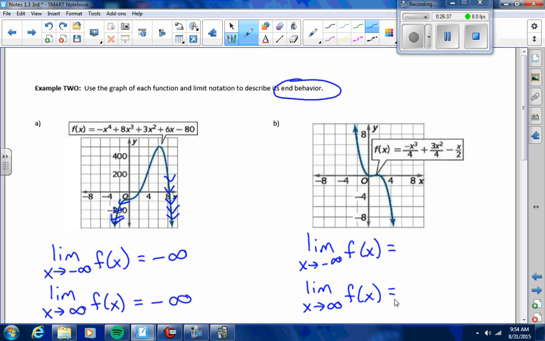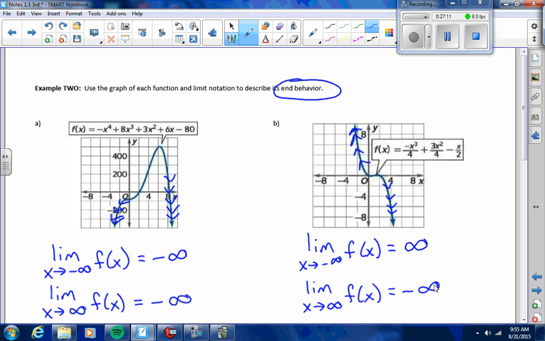This time, let's go with Deja. I want the limit as x approaches negative infinity. So x is going further and further to the left. Where's the function going? Good, positive infinity. And now let's go with Jessica. As x approaches positive infinity, x gets larger and larger. Where's the function going? Negative infinity.